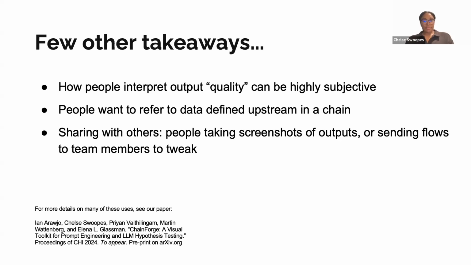So future systems should provide users with more accessible ways to reference upstream metadata further downstream in their chain. And lastly, beyond prompt and chain iteration, users want to get data out and they want to share it with others. So we recommend that future systems for prompt engineering or AI chains consider users' broad context and goals when designing.